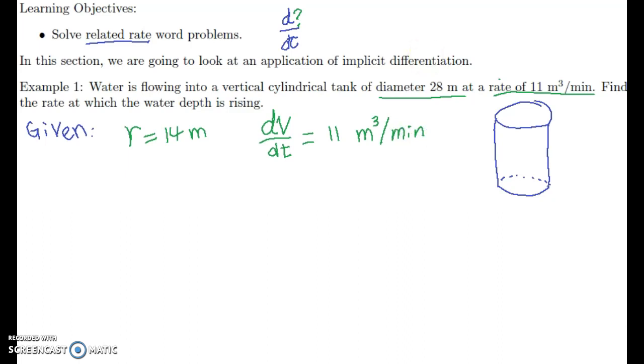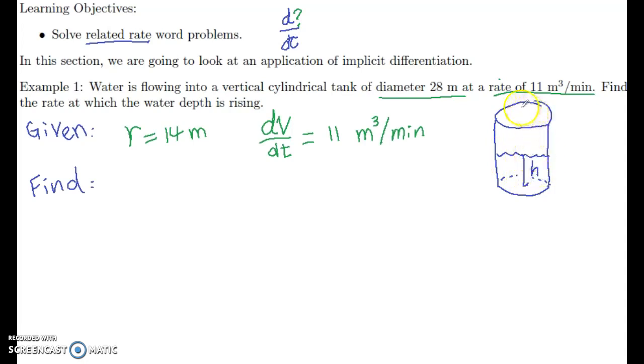And what we want to find, it's always a good idea to write that down too, so you know what your goal is. We want to find the rate at which the water depth is rising. Depth refers to how much water is there, so we're referring to the height.